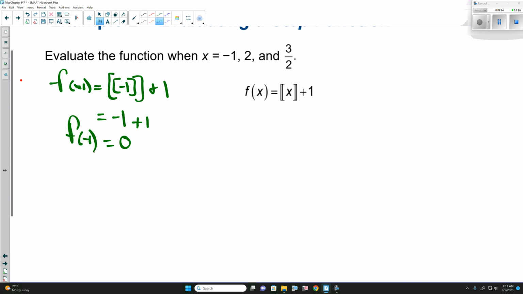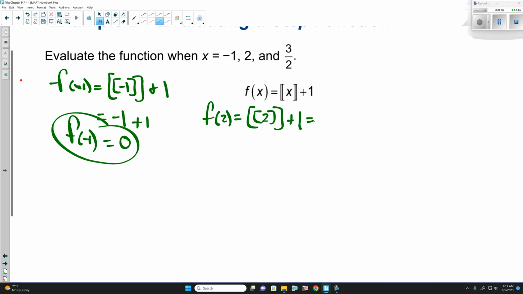So f of -1 for this here would be 0. Let's do f of 2. Well, the step function for 2 is, well, 2. Plus 1 is, so f of 2 would be 3.